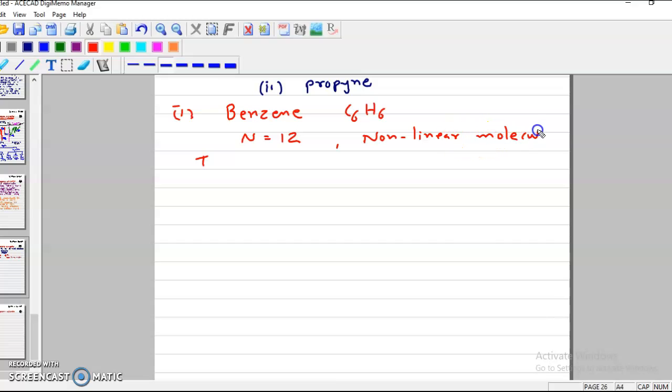Well, it is a planar molecule, but it is a non-linear molecule, and therefore total number of vibrations will be 3n minus 6, which is 3 into 12 minus 6 equals 30.